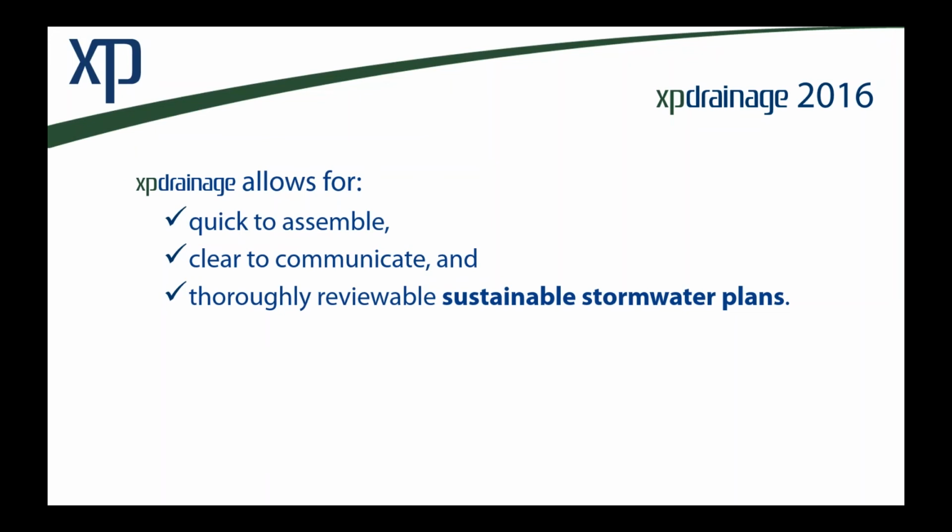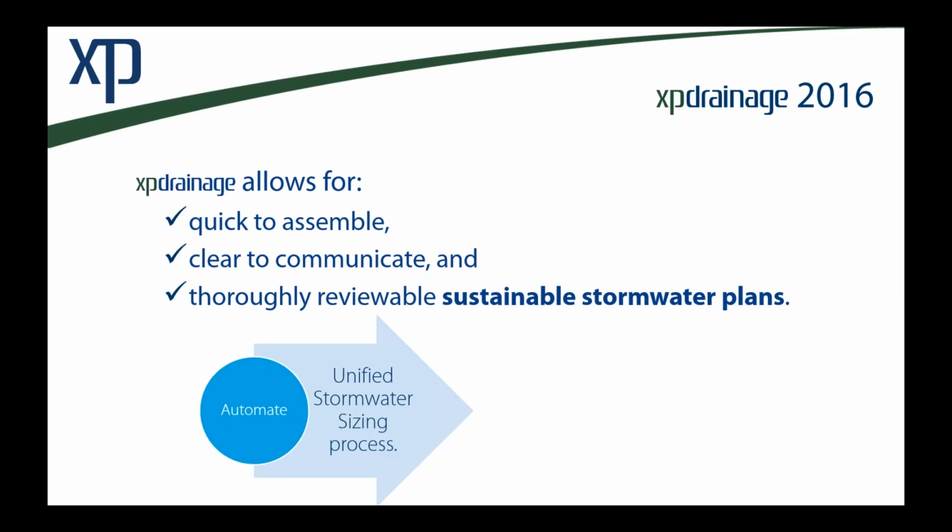Now, with the 2016 release that we have available now, we're going to look at two specific items. The ability to automate what I'm going to call that complete unified stormwater sizing process. Most of you probably are familiar with this term, but the unified stormwater sizing process is a really great way to describe the entire design system that we implement.